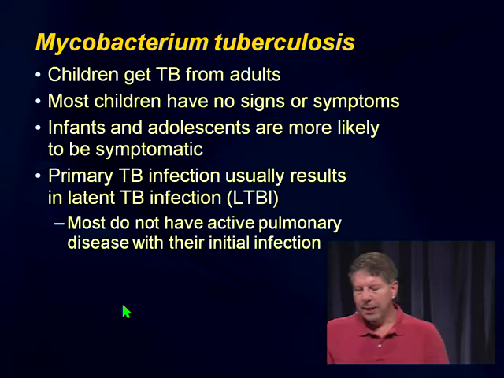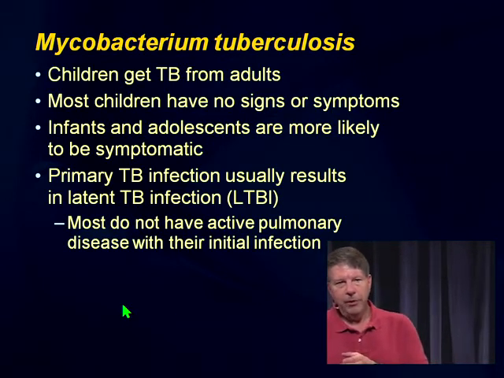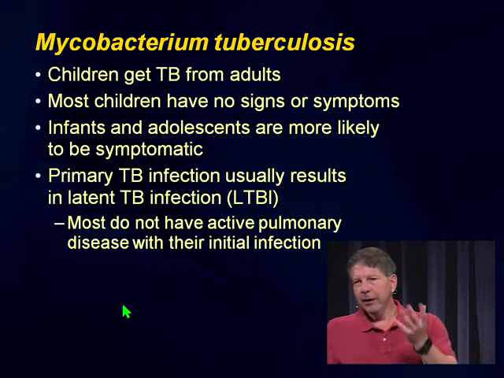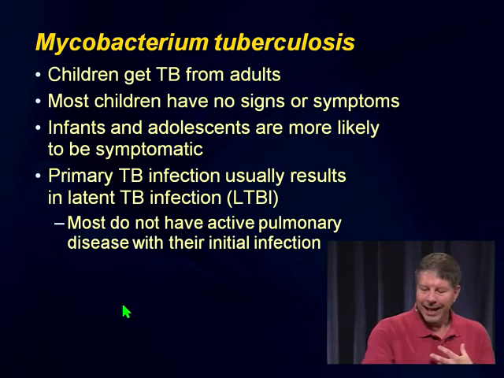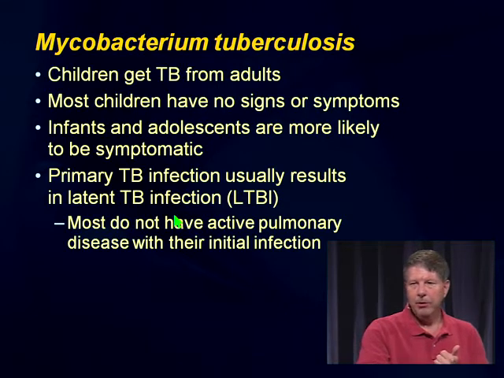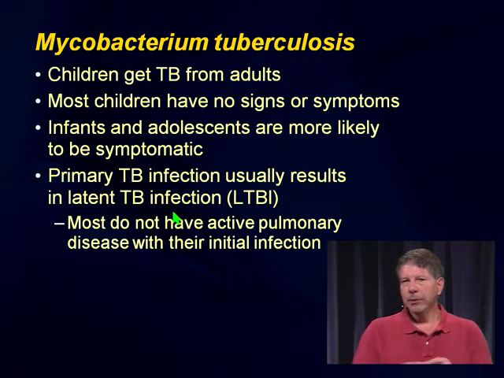What you need to know is that primary TB infection, so your first exposure to TB, like I get exposed, so tuberculosis gets inside me, and what generally is going to happen is it's going to become latent tuberculosis infection. Okay, so my body's going to take the organism, keep it under control, and not let anything else happen.